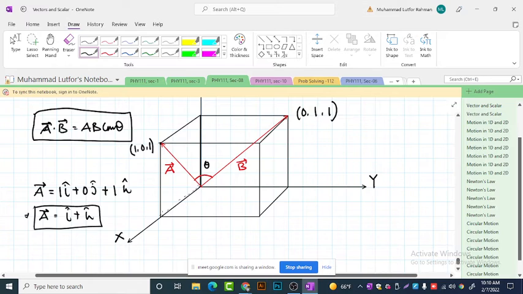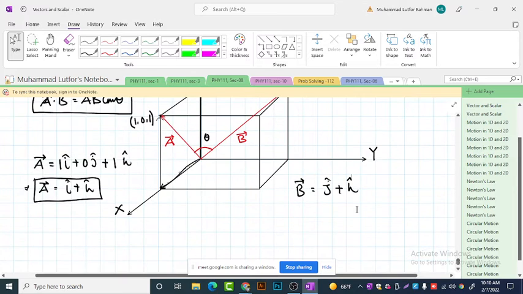Definitely this is one vector and this is another vector. Using the vector triangle law again, the resultant vector would be A. Then I can also find vector B using the same analogy. Vector B would be basically j hat plus k hat, because it's 0 1 1, right?